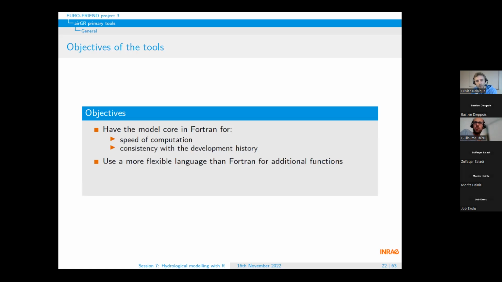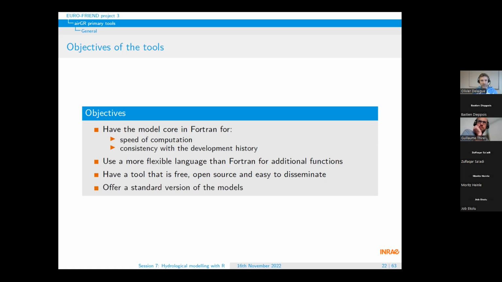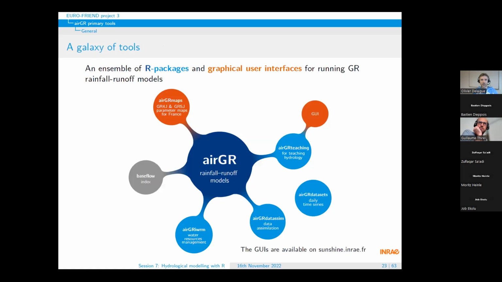And to use a more flexible language than Fortran for additional functionalities. And to have a tool that is free, open source, and easy to disseminate. That's why we decided to develop the airGR package, and we want to offer a standard version of the different models we developed. So that's why we developed many tools, as you can see on this graph.